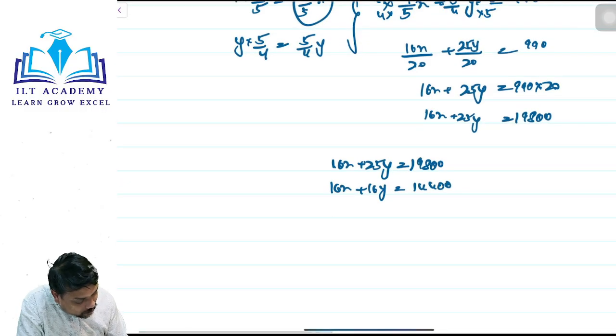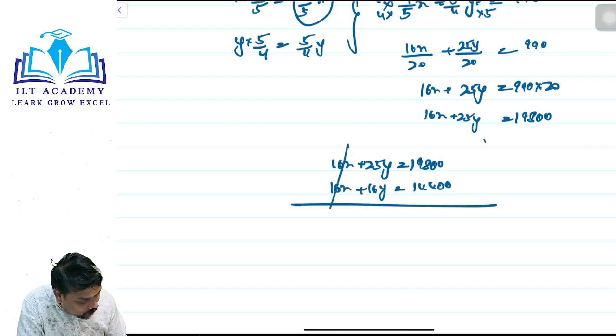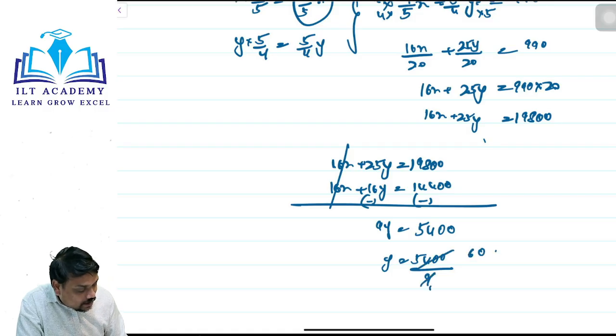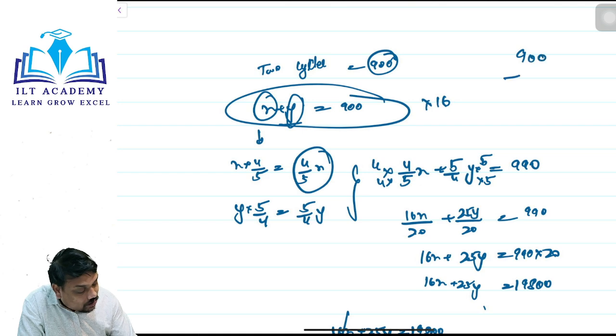Clear? 16x cancels. 25 minus 16 is 9, so 9y is equal to 19,800 minus 14,400, which is 5,400. Y is equal to 5,400 divided by 9, which is 600. So y value is 600. So x value will be 900 minus 600, 300.